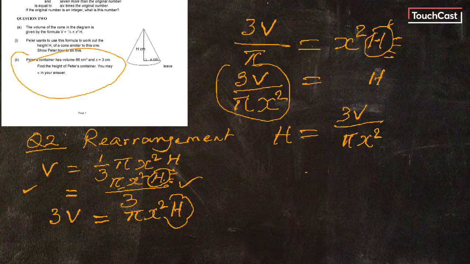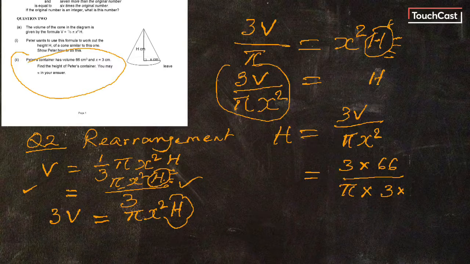So we got to substitute all these numbers. 3 times 66, all in centimeter and cubic centimeters, and then I got to divide it by pi, which is already a fixed number, times x squared, which is 3 to the power 2 or 3 times 3.